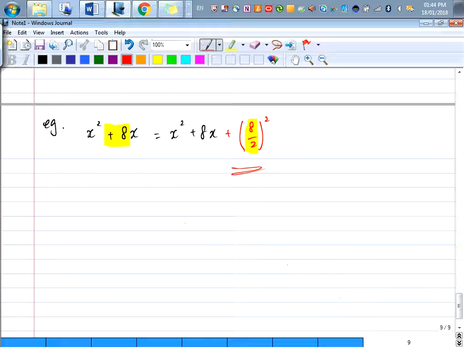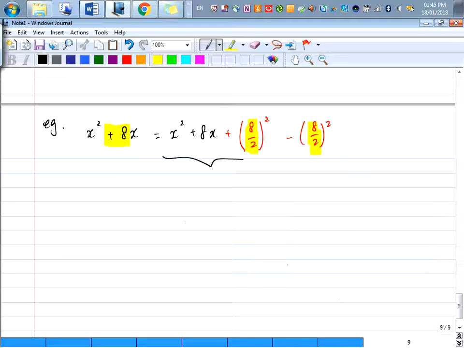Right? So they cannot be equal anymore. So what must I do to make them equal? Okay. So take away 8 over 2 squared. So now they are equal because they cancel each other out. Okay? Now, as I was saying, these are the same.